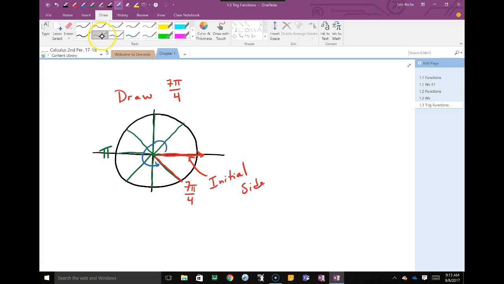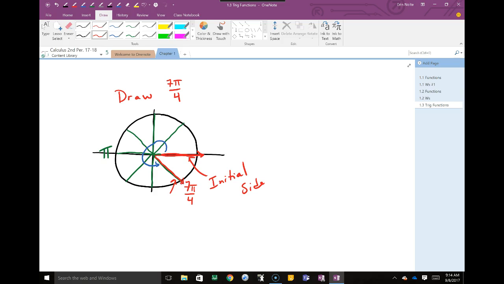That little revolution line. So this right here, by the way, is called... Do you know what that line is? The one that's at my 7 pi over 4. If this one's called the initial side, this one's called the... This is the start. This is the place for our destination.